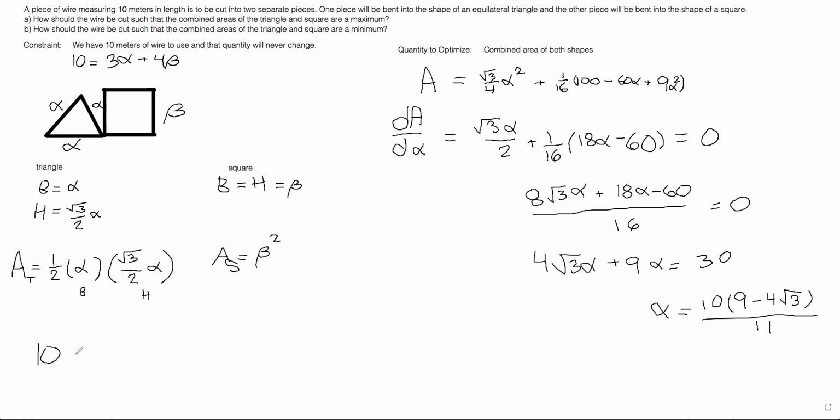So we get 10 equals 3 times 10 times 9 minus 4 root 3, all over 11, plus 4 times beta. Just like with alpha, I'm going to spare you the tedious busy work. So beta is equal to 30 root 3 minus 40 over 11.